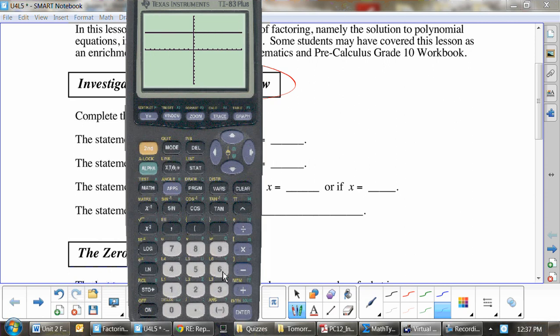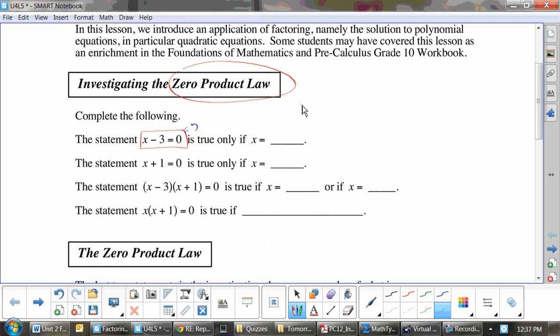That's y equals 5. What do you think y equals 0 is? The x-axis. So y equals 0 is the same thing as the x-axis. So just so you always know, when y equals 0, that's the x-axis.